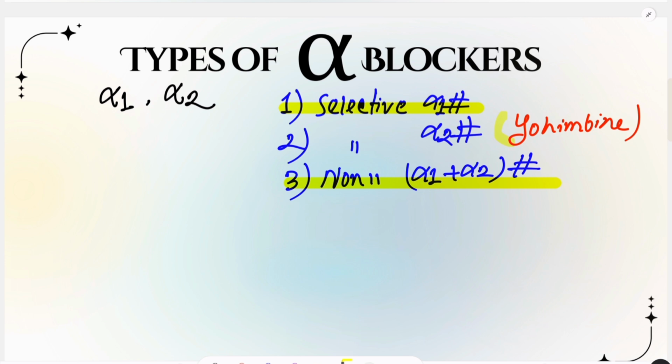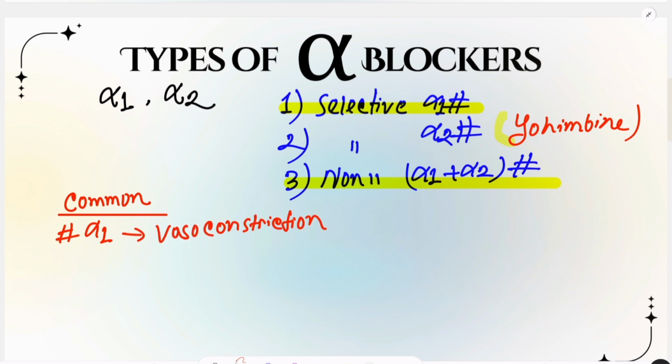So, the first point is, what is the common point between these two drugs? The common point is both of them block the alpha 1 receptor. And in the previous video, we said that stimulation of the alpha 1 receptor leads to vasoconstriction.